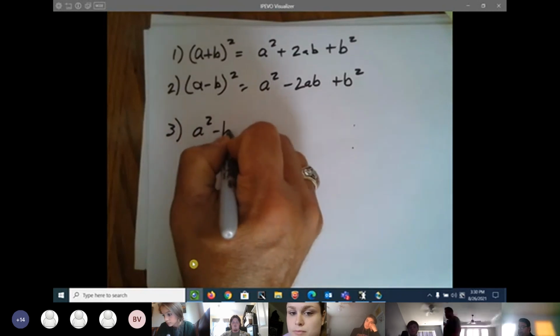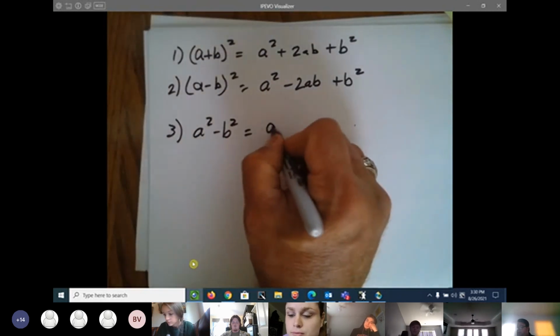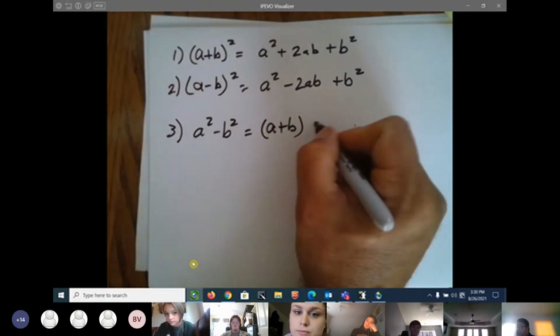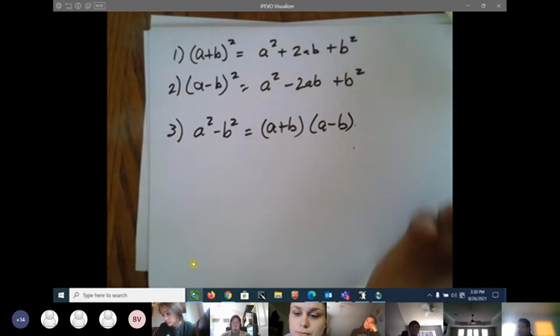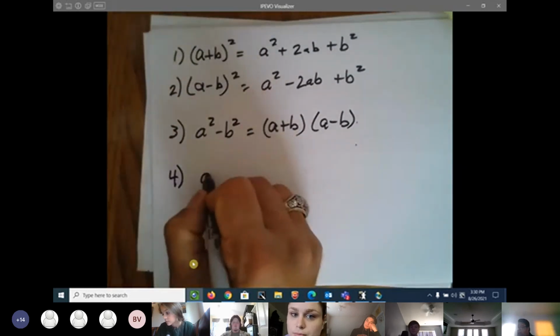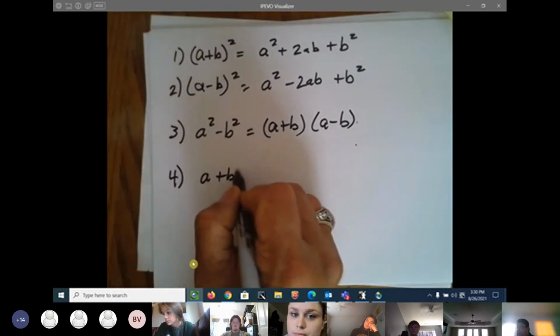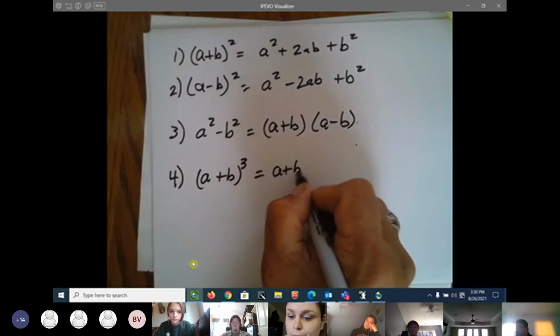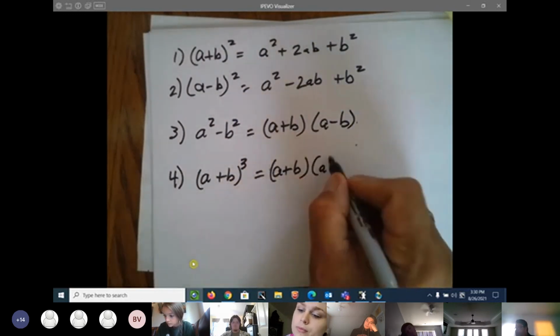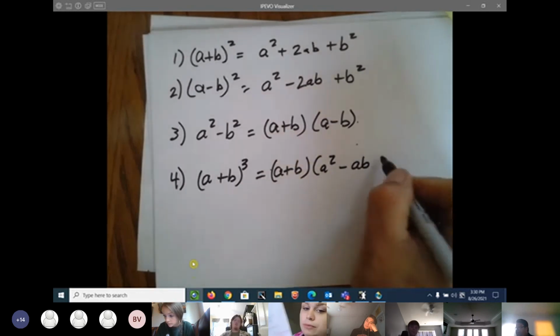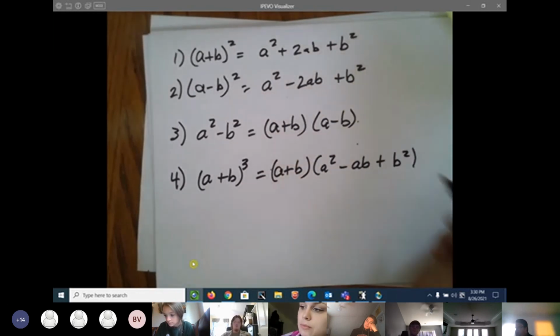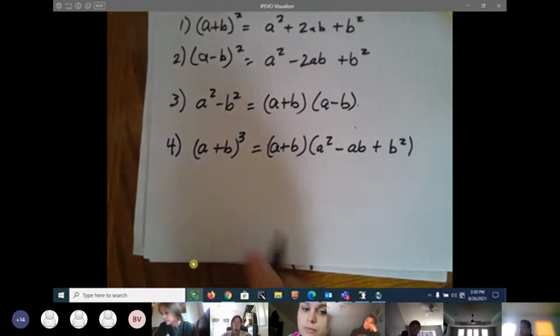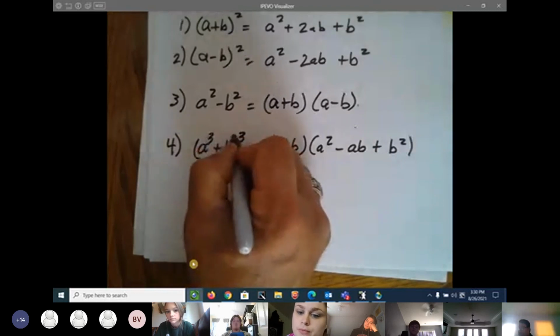A squared minus b squared equals a plus b times a minus b. A plus b cubed equals a plus b times a squared minus ab plus b squared. I meant it's supposed to be a cubed plus b cubed, sorry.